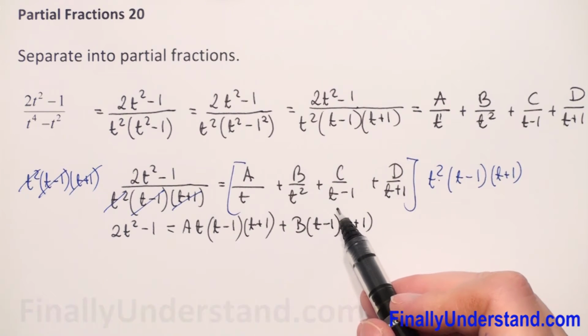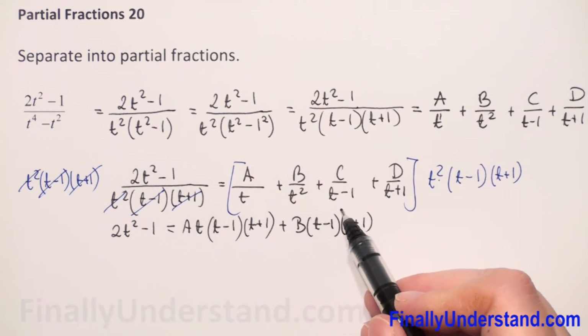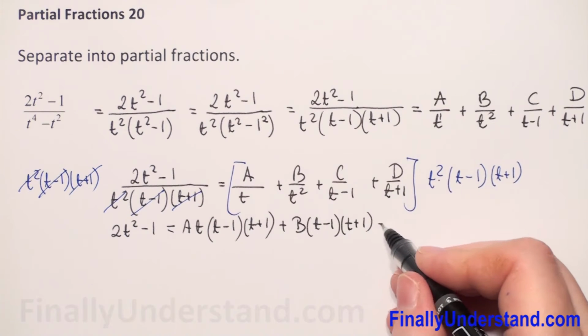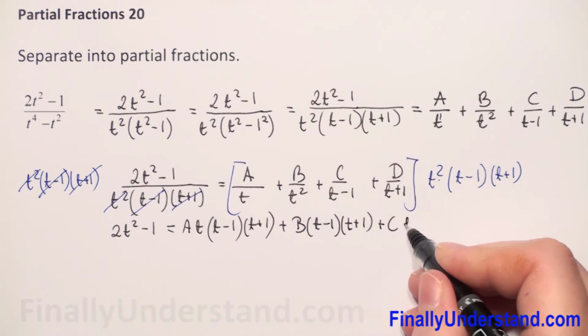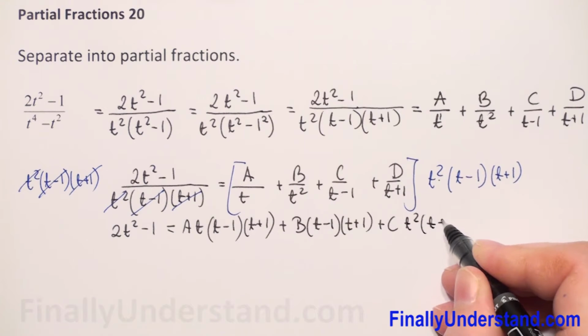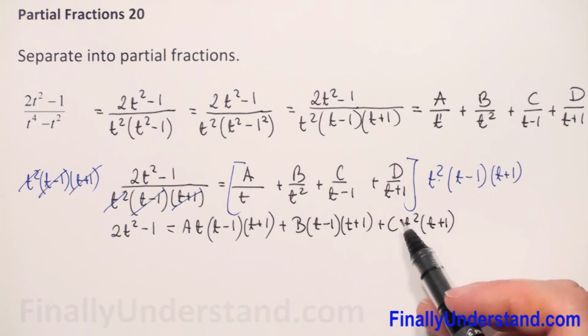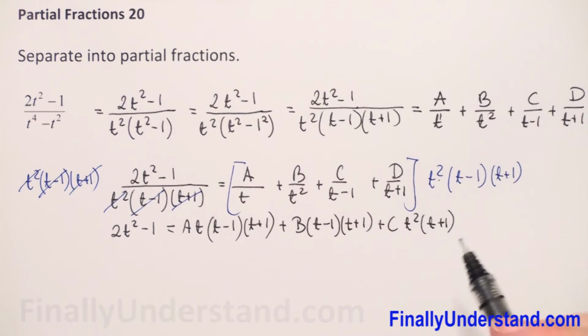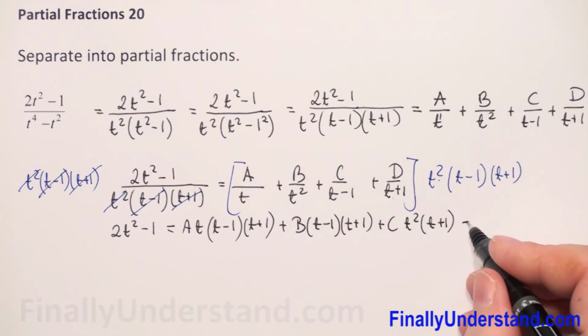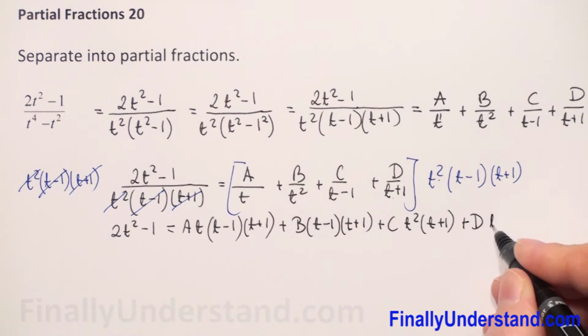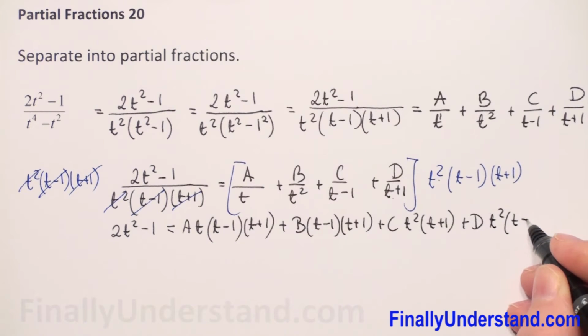And C over t minus 1 times this whole expression, so will be C, t minus 1 we can reduce, and we have t squared times t plus 1. And now the last we have in the numerator t plus 1, so t plus 1 will reduce, and we have only D times t squared times t minus 1.